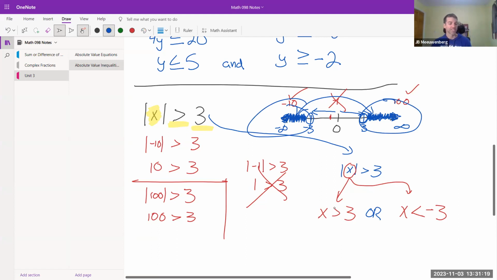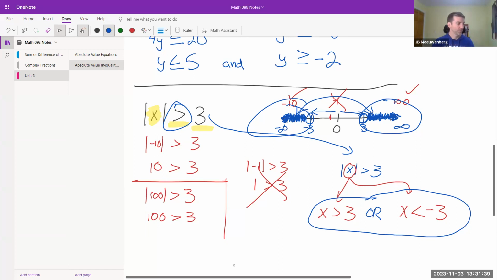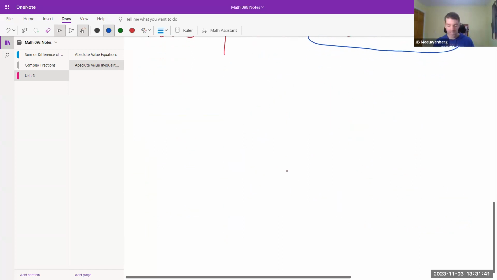So we say x is greater than 3 or x is less than -3. Our solutions only have to make one of those statements true. All right. So whenever we have an absolute value that's greater than, we use the word or to show our solution sets.